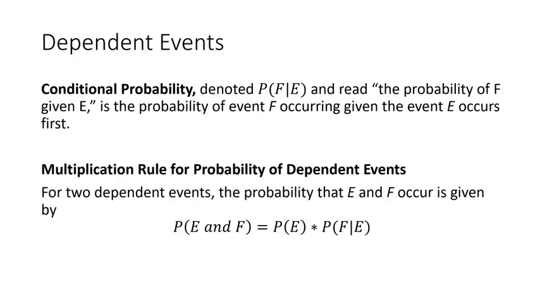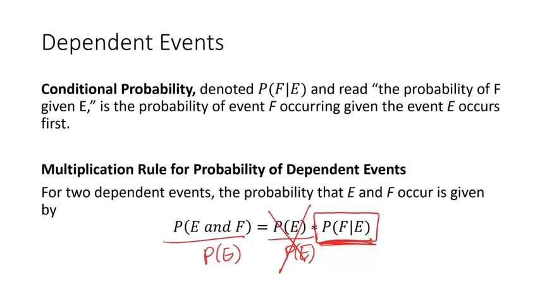If I'm asked to find the conditional probability, notice a little bit of algebra here. If I divide this to the other side, then the conditional probability is equal to my "and" divided by the probability of what was given.